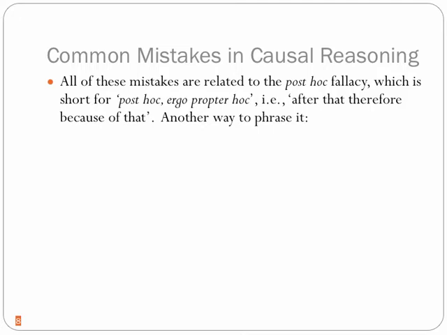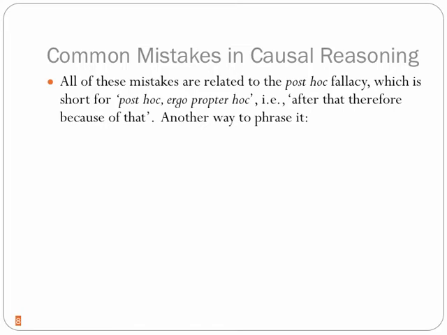That's short for post hoc ergo propter hoc, which translates to after that, therefore because of that. In other words, because two things happen one after the other, we assume there's a causal relationship, but there might not be one. So that's the possible fallacy.